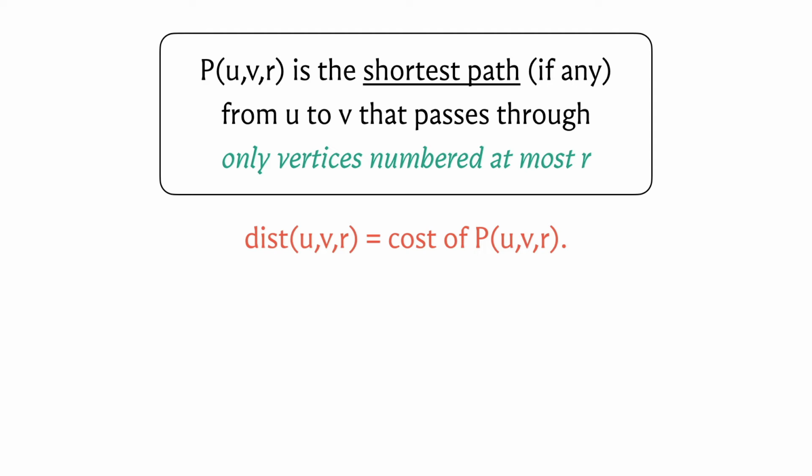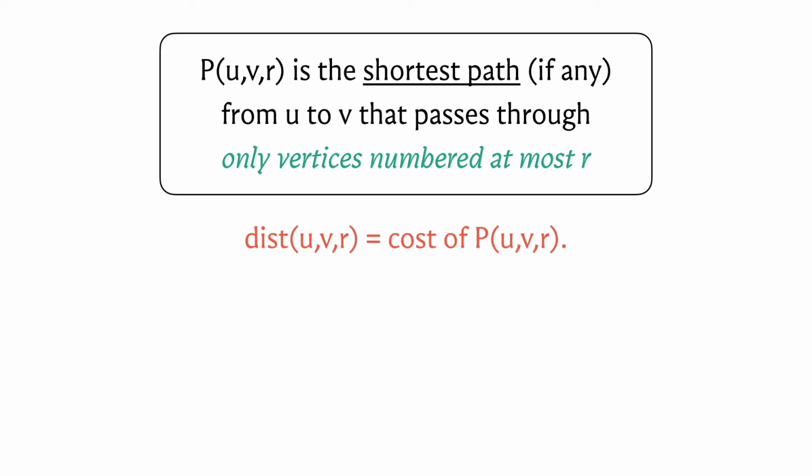Well, one easy case is when r is equal to 0. Can you think about what the value of distance uv0 should be, given that vertices are labeled from 1 to n? Alright, so if vertices are labeled from 1 to n, then basically we are saying compute the length of the shortest path from u to v, which passes only through vertices numbered at most 0. Now there are no vertices numbered at most 0, so this is just a twisted way of saying that you're not allowed to use any intermediate vertices.